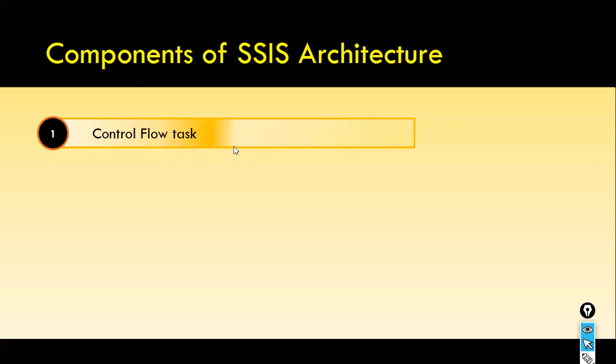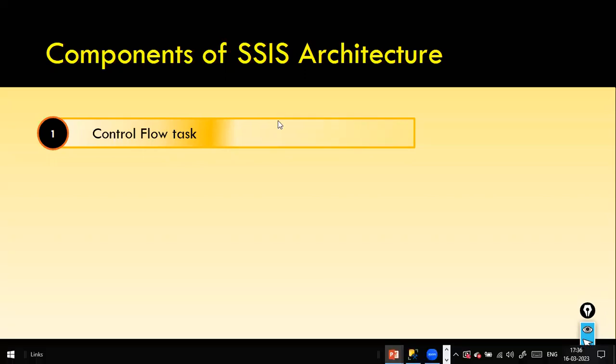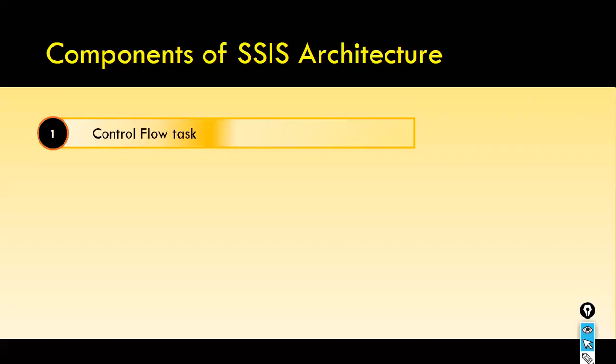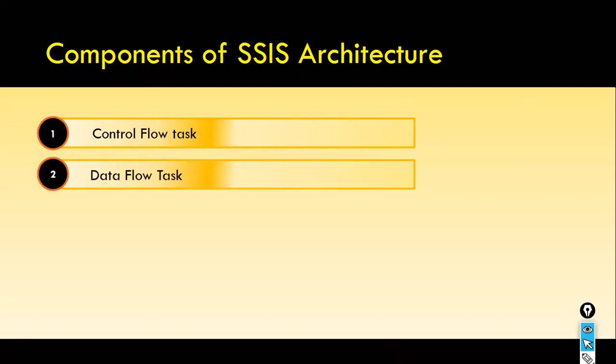It is the design surface onto which the tasks are added. I will show you in a little while what exactly a control flow task is all about. At this moment, just understand at a high level what components are part of the SSIS architecture.